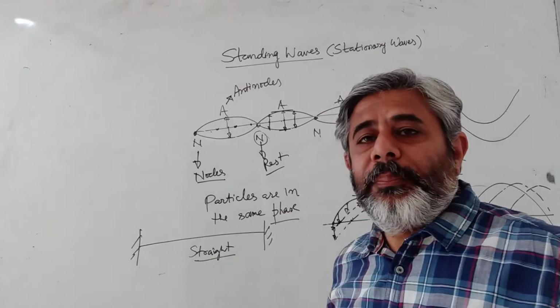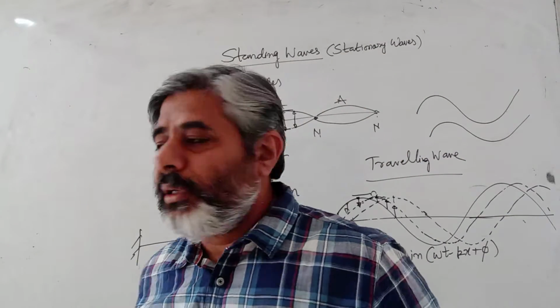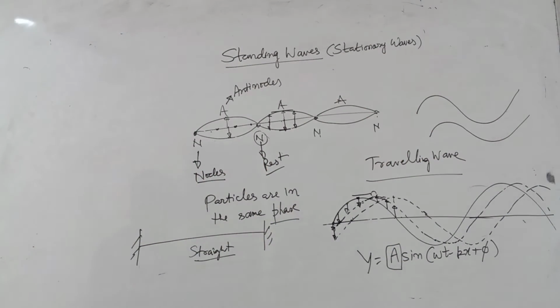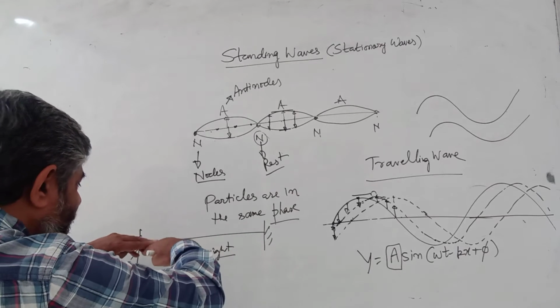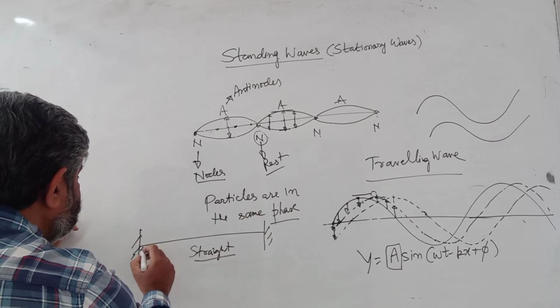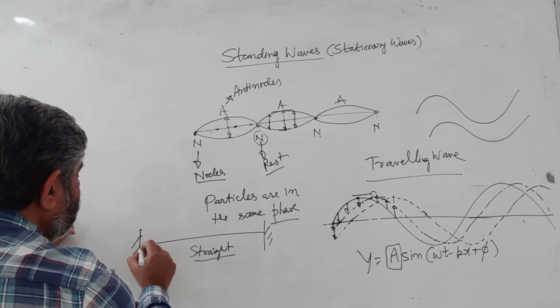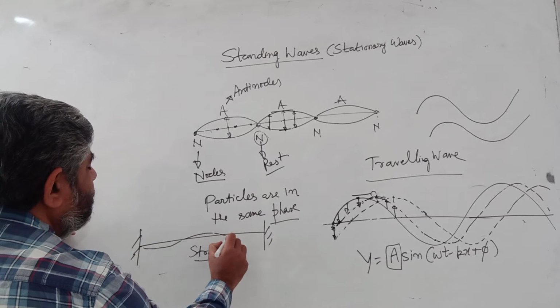So you may be tempted to think that there is no wave now, but that is not the case, because at this moment all the particles are just passing through their mean position, and after some time we will again see a shape like this.